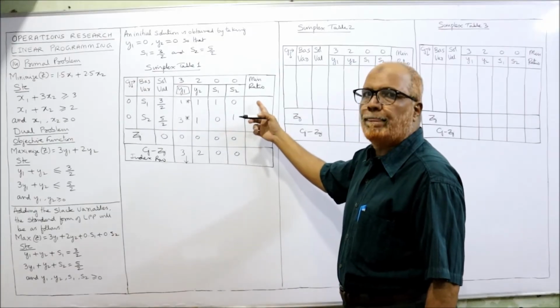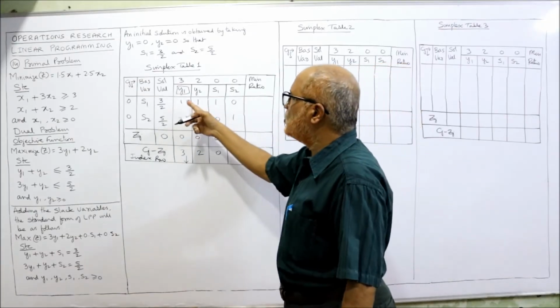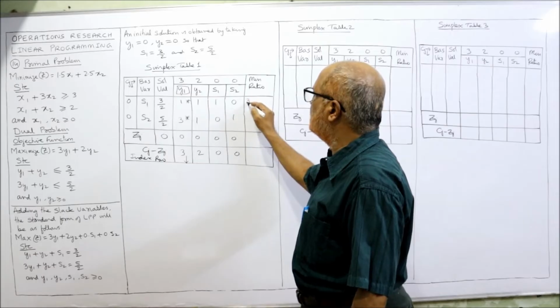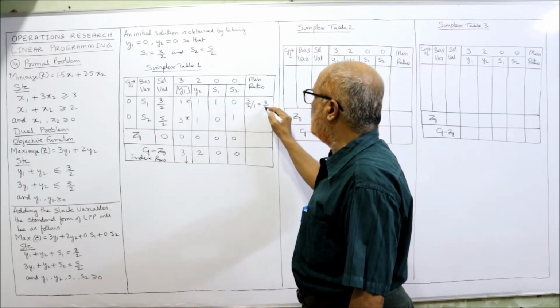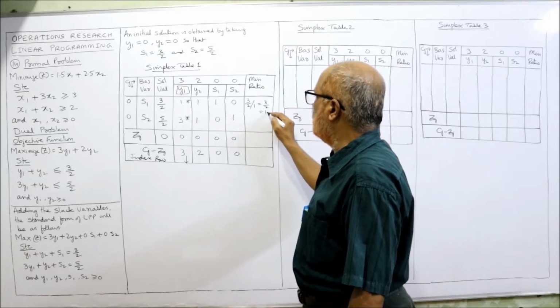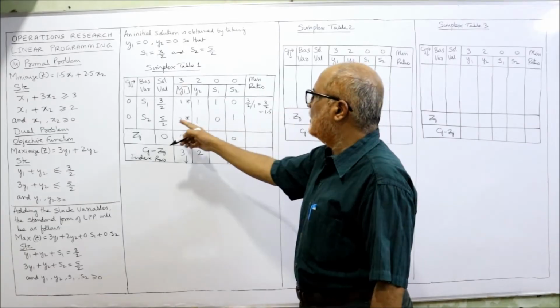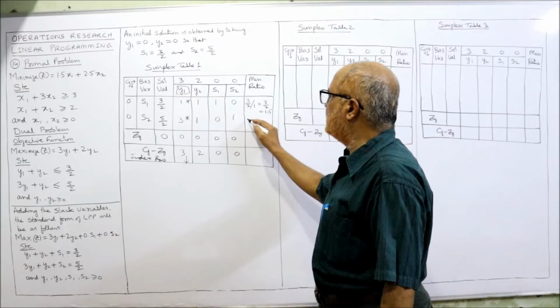It depends on the minimum ratio. 3 by 2 divided by 1 is 3 by 2 only, that is equal to 1.5. Here 5 by 2 divided by 3.